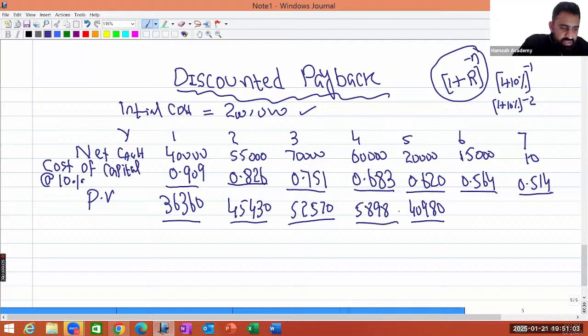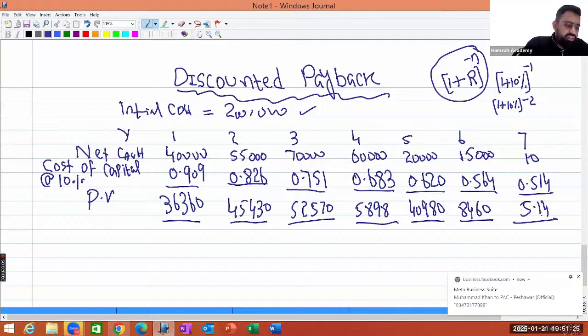And then for year 5, 15,000 into 0.564, it is 84,060. And then 0.514 for year 7.